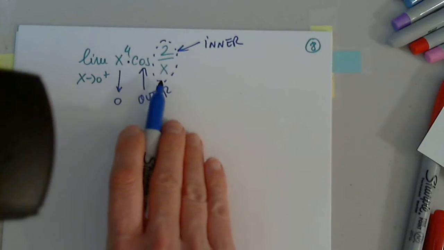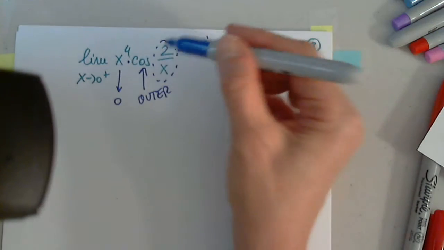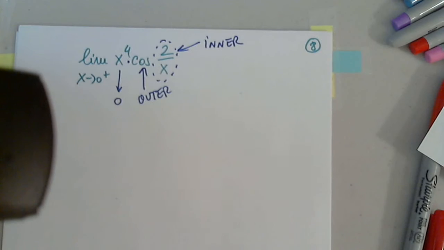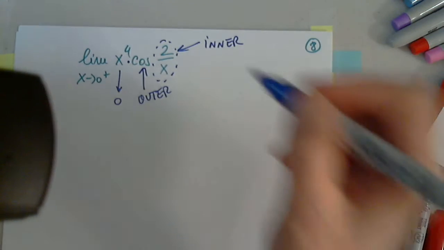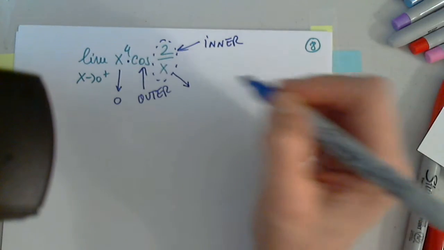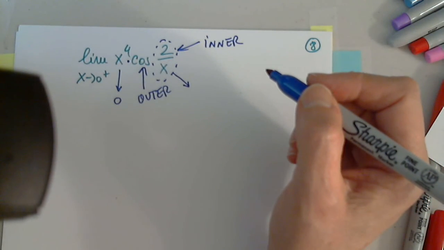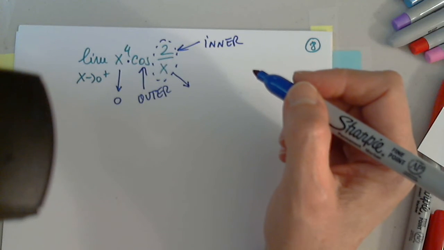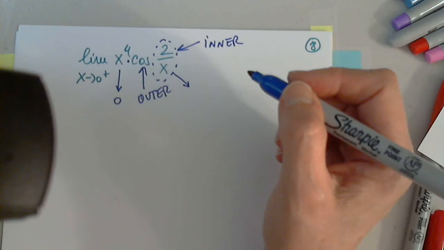First, I have to plug in the inner. 2 over 0 from the right. We know the graph of 2 over 0 because we know the graph of 1 over x. 1 over x or 2 over x, same thing. So where does the inner go? Infinity.